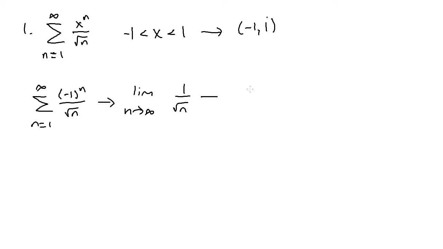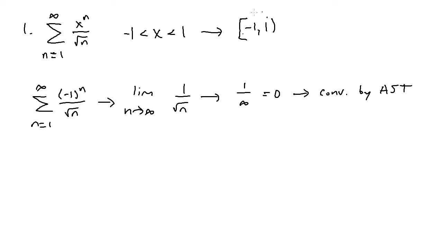The limit is 1 over the square root of infinity, which is equal to 0. So we know the series converges by the alternating series test. Since it does converge when we plug in -1, we replace it with a closed bracket, because it includes -1, but it does not include 1.